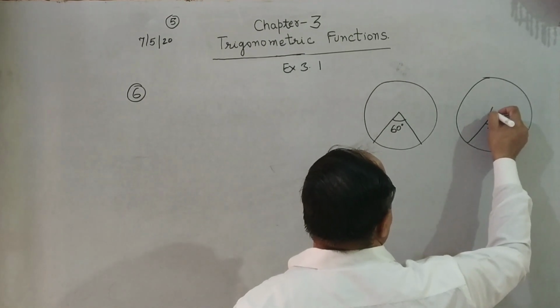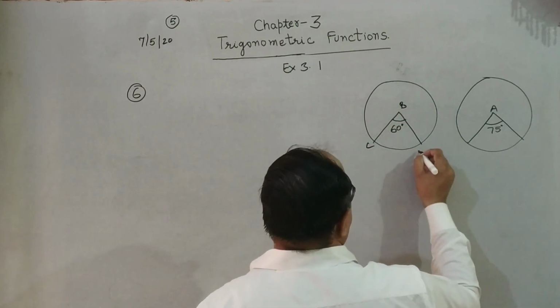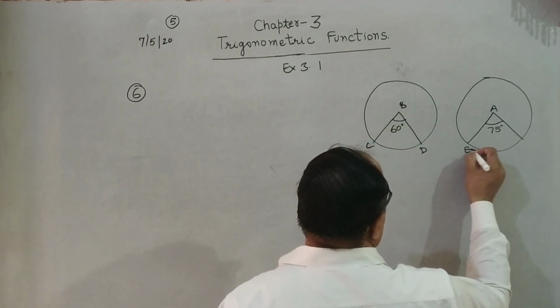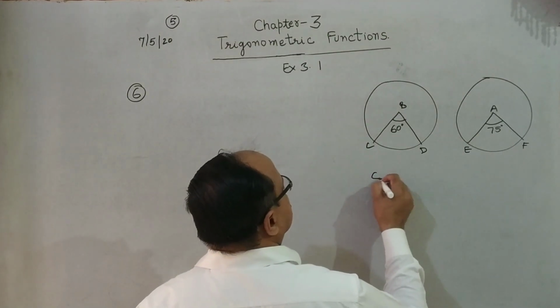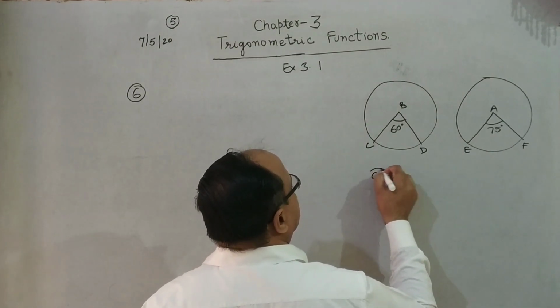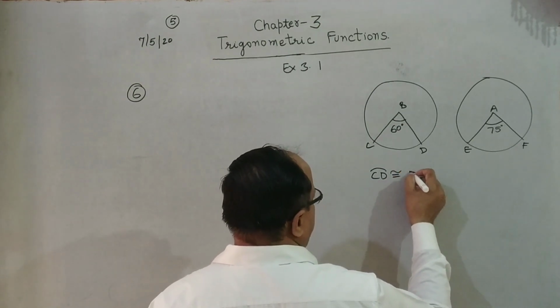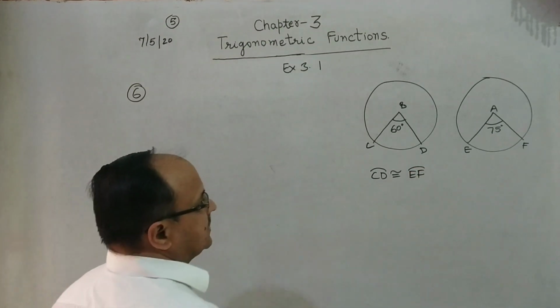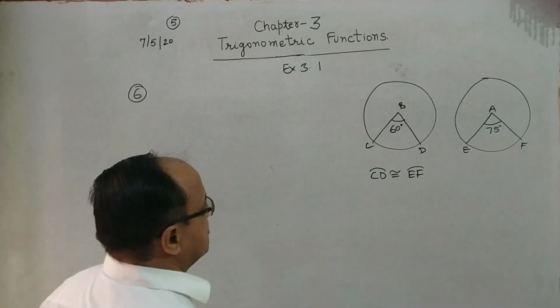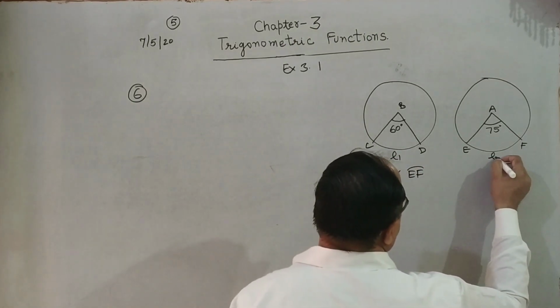The names of the centers are A and B, and the points are C, D, E, F. Given that arc length CD is equal to arc length EF. This is given. This is L1 and this is L2.